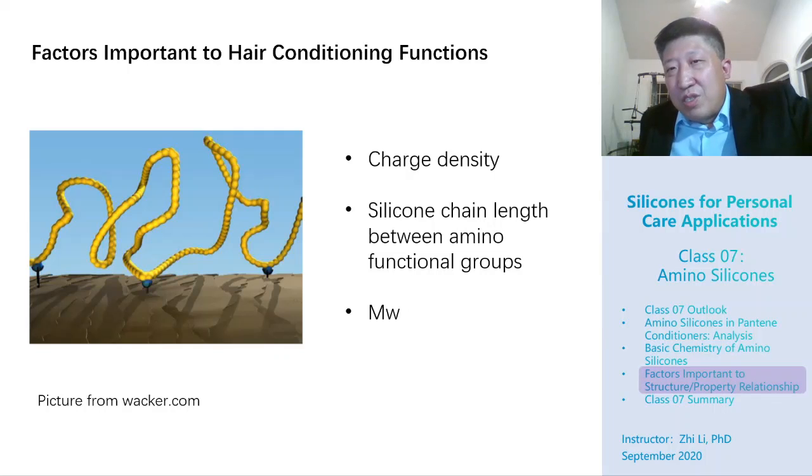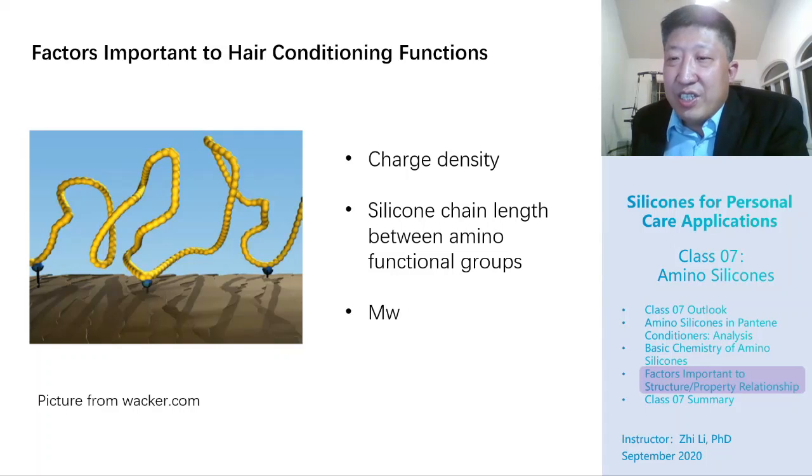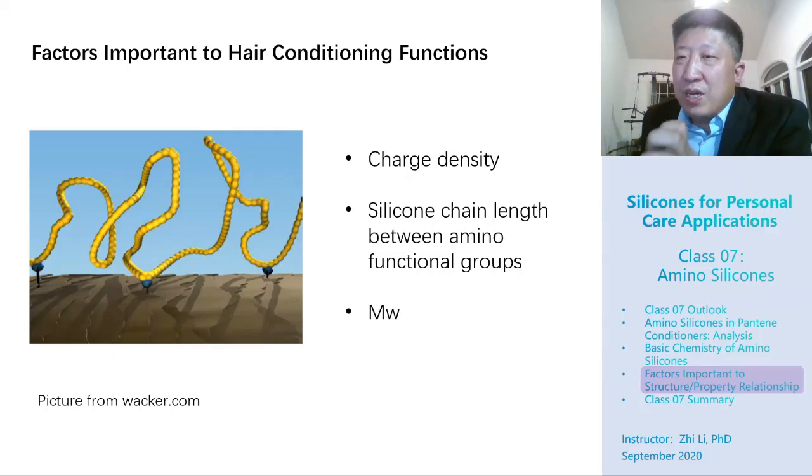You kind of lose everything you want. So charge and density help immobilization on the hair, potentially substantivity, deposition, etc. But your chain mobility on the hair, the degree of freedom, is lost.